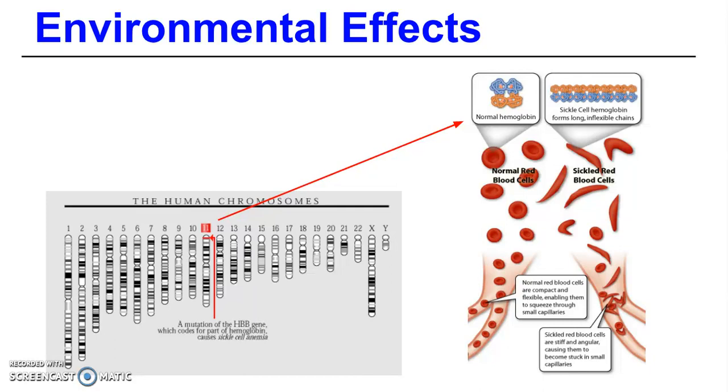I just want to mention it now because we're talking about multifactorial disorders. Or I should clarify, this is an environmental effect that's going to affect the frequency of that particular recessive allele. So it's not a multifactorial disorder. We'll talk about it later. Just hold the conversation for now on sickle cell anemia.